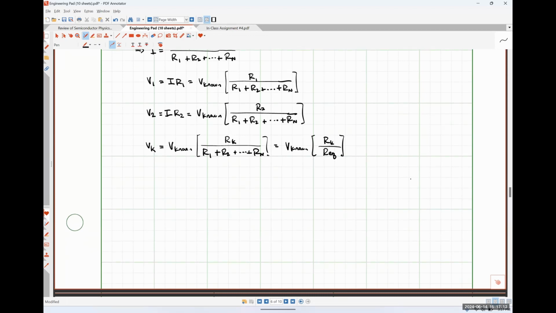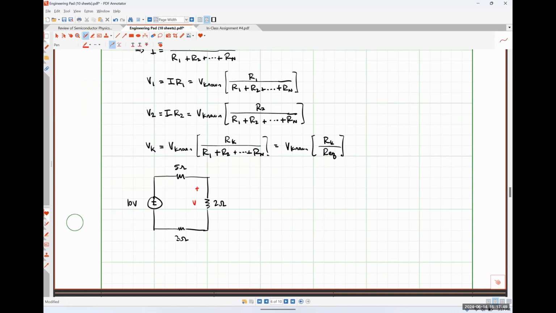So let's look at a couple of the nuances of how this relationship is applied. Okay. So let's say that I have a 10-volt source, and here I have a 5-ohm resistor, a 2-ohm resistor, and a 3-ohm resistor.